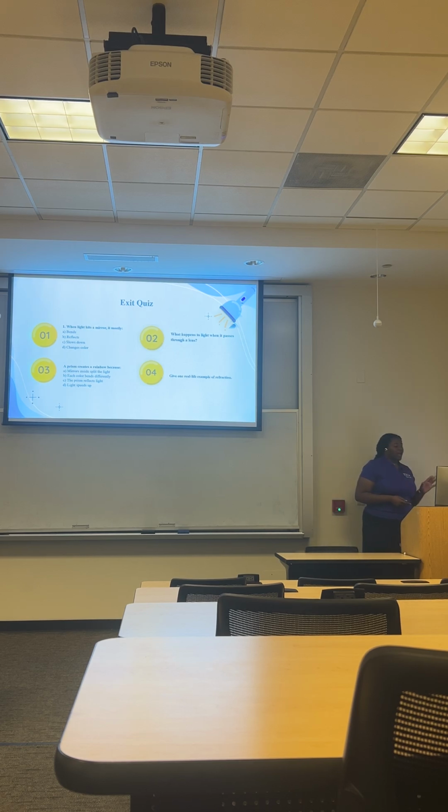Question number 3, a prism creates a rainbow because A, mirrors and sides split the light, B, each color bends differently, C, the prism reflects light, or D, light speeds up. And your last question, number 4, will be another short answer, and it reads as follows. Give one real-life example of refraction.